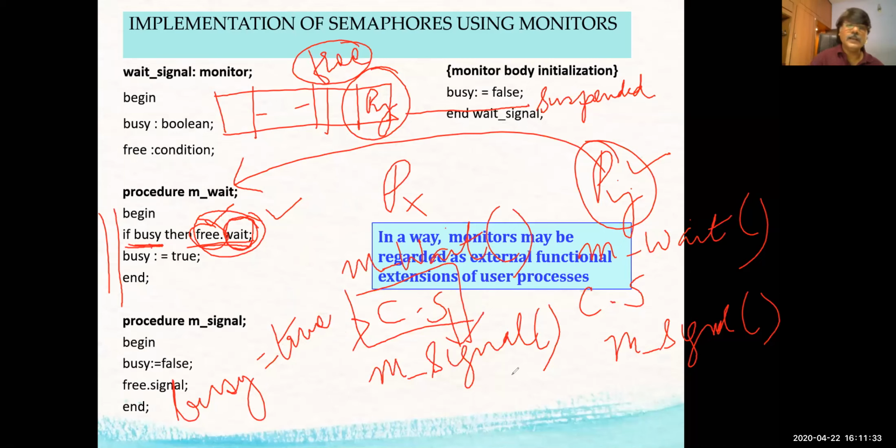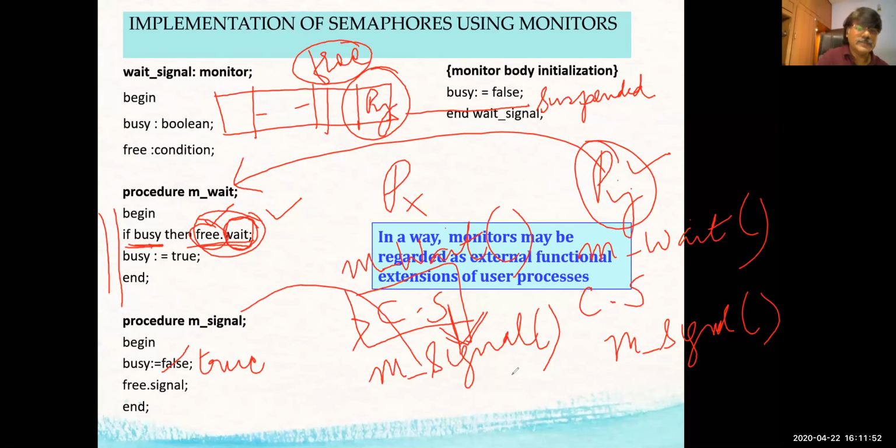Now msignal is a function which again belongs to the monitor, and we have seen that before entering the critical section, busy was set to true by PX. Now PX has come out of the critical section. It will then invoke the function msignal. Now msignal will start executing on behalf of process X. Msignal is a public function of the monitor that can be used by PX or PY.